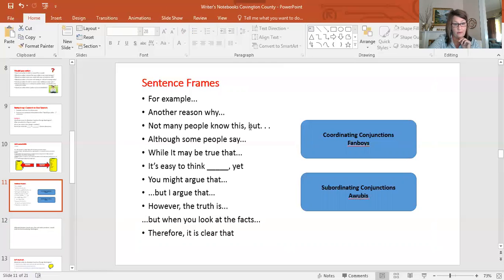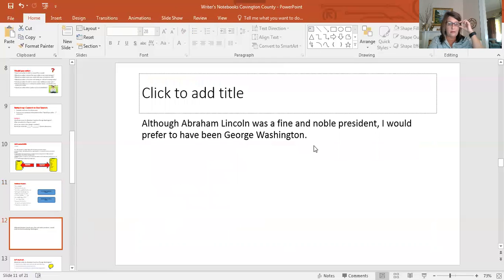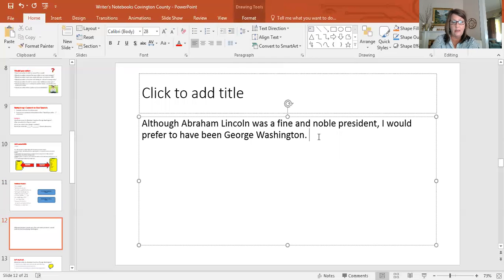Not many people know that. Therefore, it is clear that, okay, that has helped me to think. I would prefer to have been George Washington.